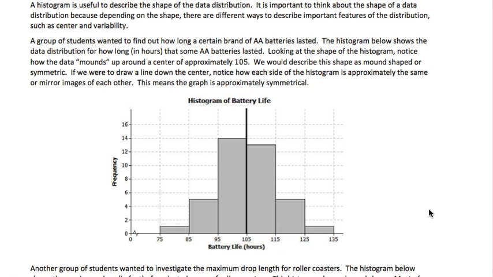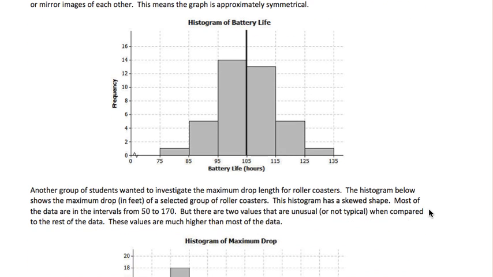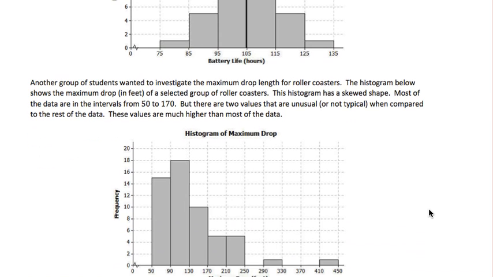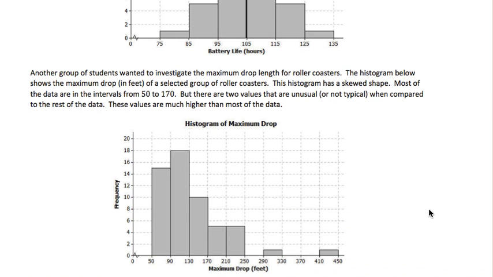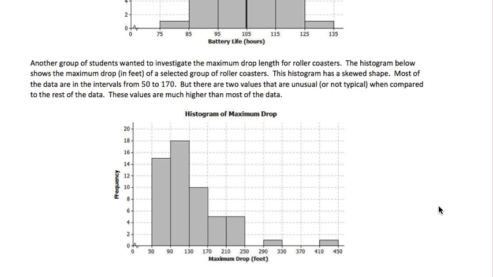Another group of students wanted to investigate the maximum drop length for roller coasters. The histogram below shows the maximum drop in feet of a selected group of roller coasters. This histogram has a skewed shape. Most of the data are in the intervals from 50 to 170, but there are 2 values that are unusual or not typical when compared to the rest of the data.